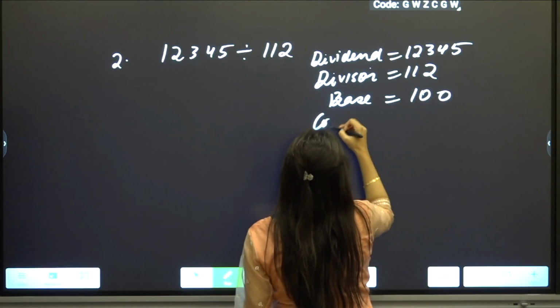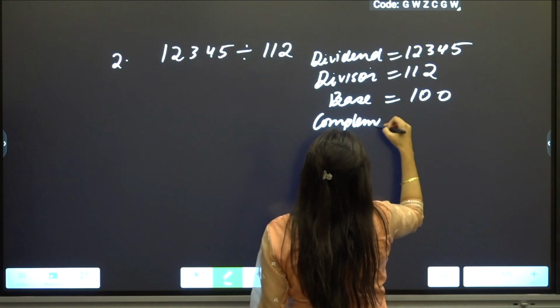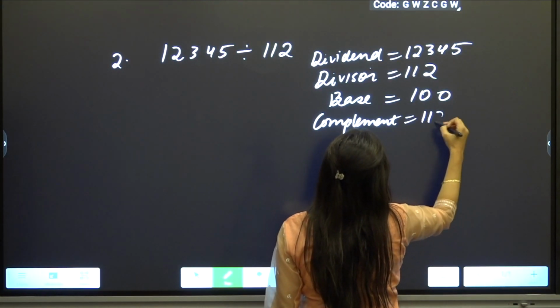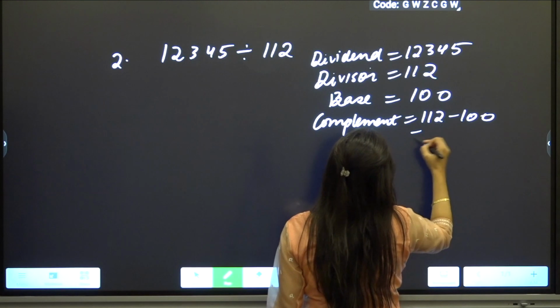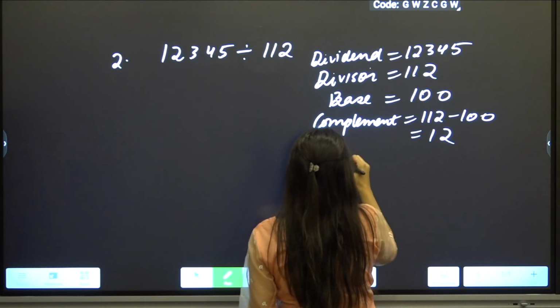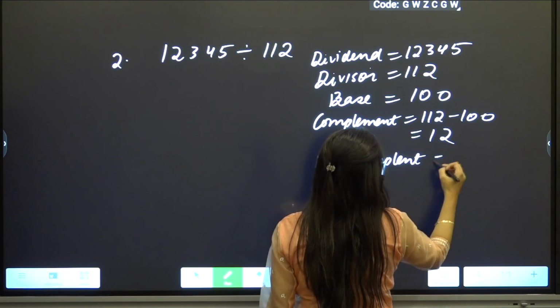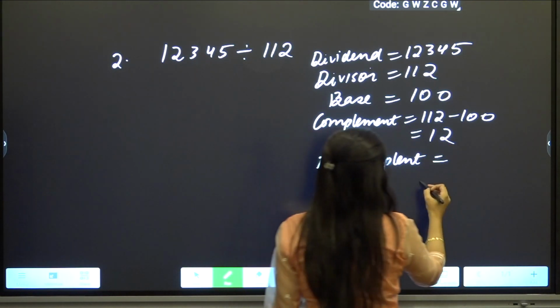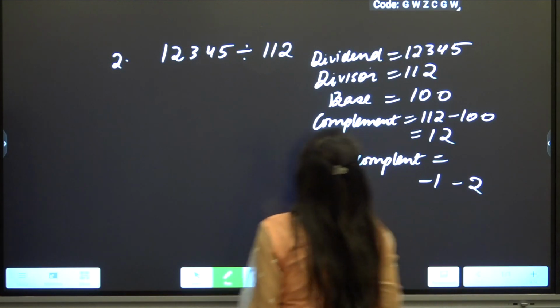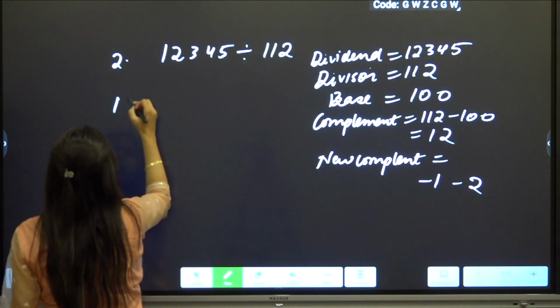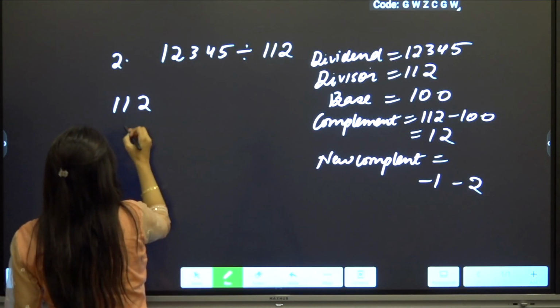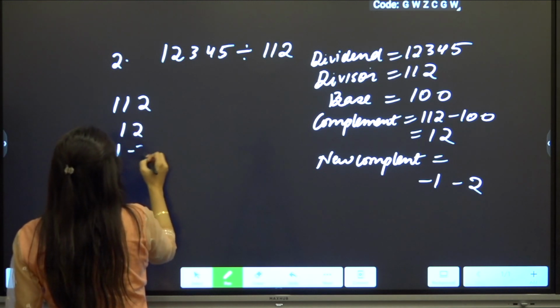So the complement is basically 112 minus 100, which is 12. For the new complement, we are going to apply the sutra. So we are going to change the sign. This will become minus 1 and minus 2. So if we write here, this will be 112, 12, minus 1 and minus 2.